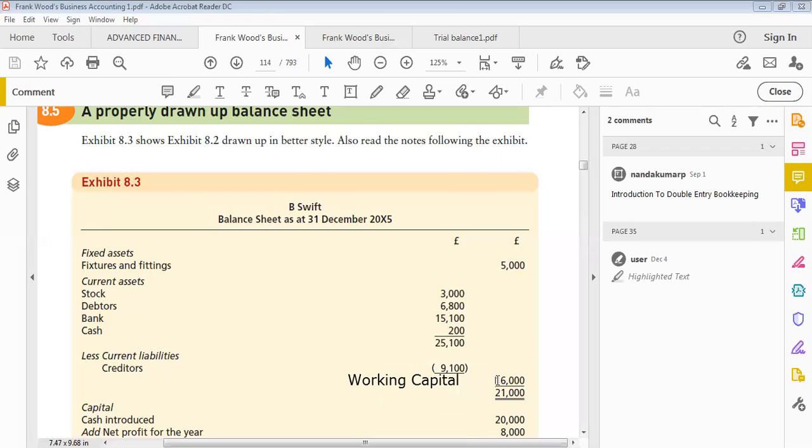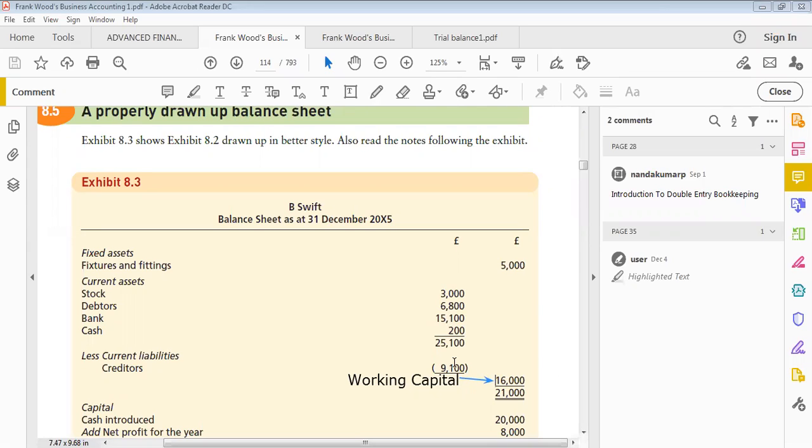When you're asked to do a balance sheet showing the working capital, this is how you do it, which is normally the case. So that is working capital.